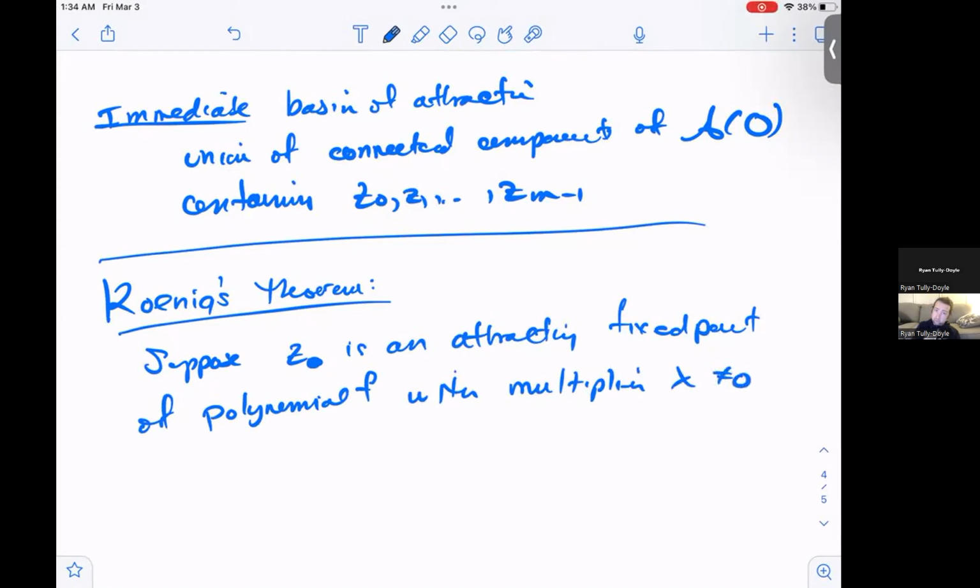So you have to stay away from those derivative 0 points. Remember, we ran into those before. Those are places where conformal maps fall apart.